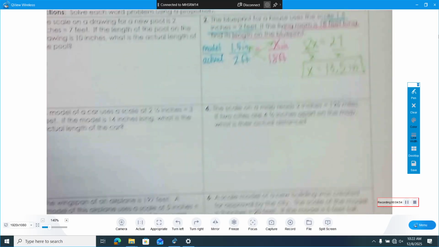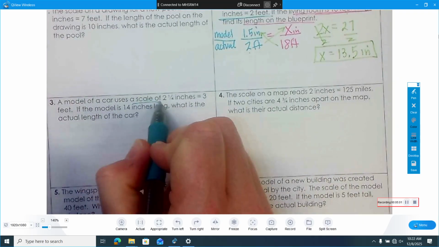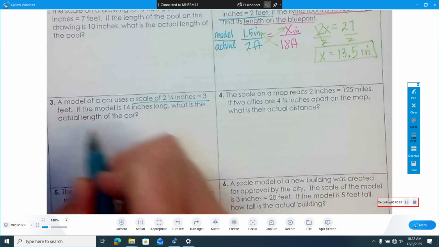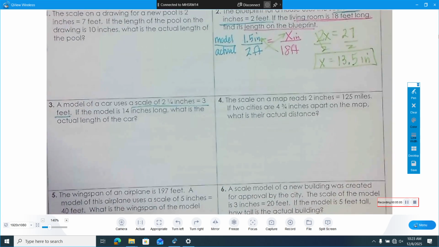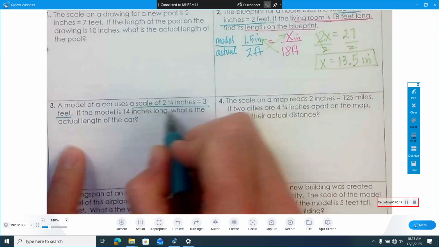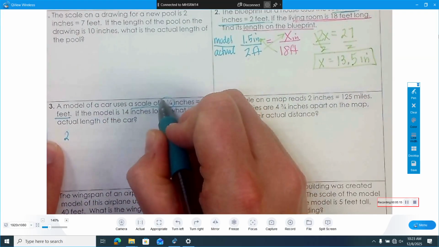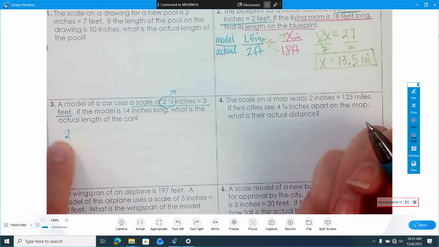Number 3. A model car uses a scale of 2¼ inches equals 3 feet. So that is my scale. I don't really like using 2¼. Can I convert that to a decimal?